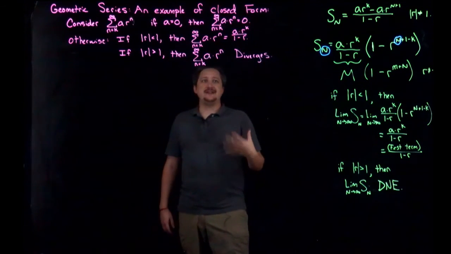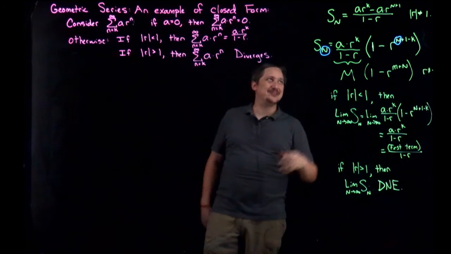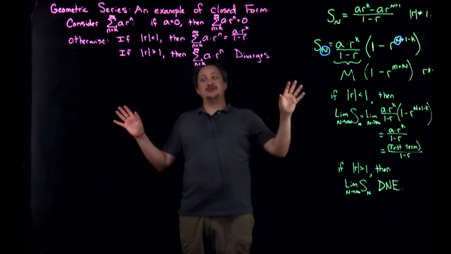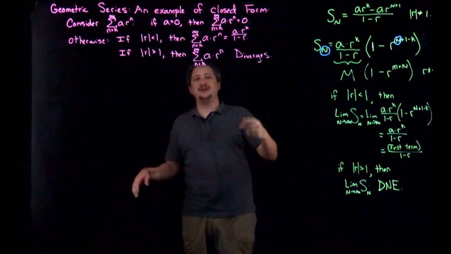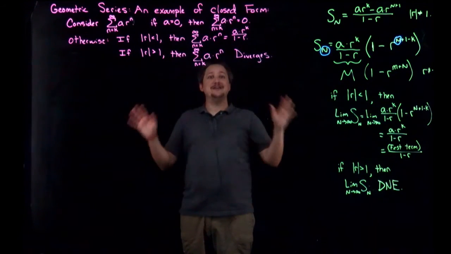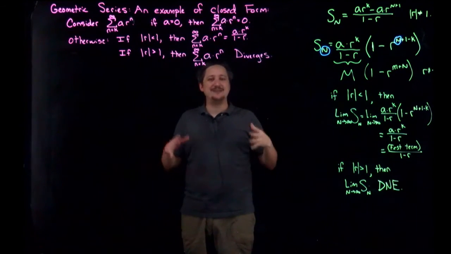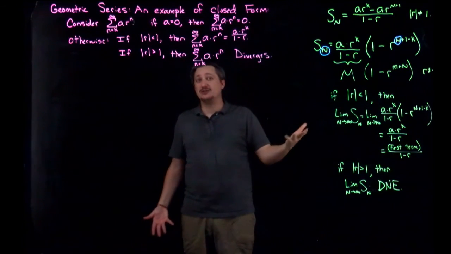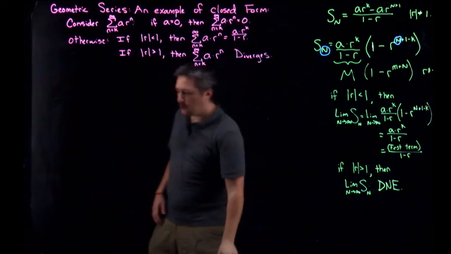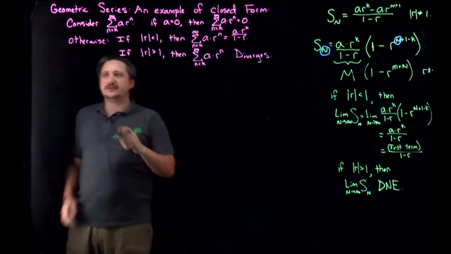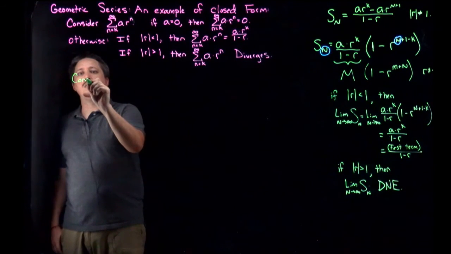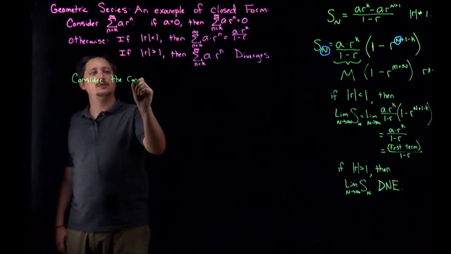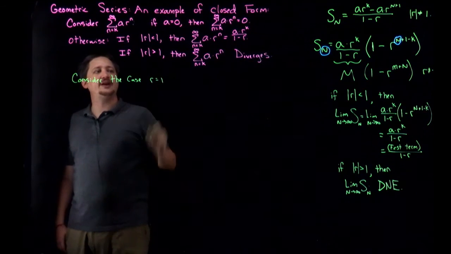The advantage of the technique that we had, which I've now erased, but that got us to this closed form, was that it worked on all the numbers there are except 2. Right? And there's an infinite number of numbers, so trying to do it case by case is very hard. But now that I've gotten it down to just 2 numbers, now I can look at them individually. So in particular, consider the case r is actually 1.